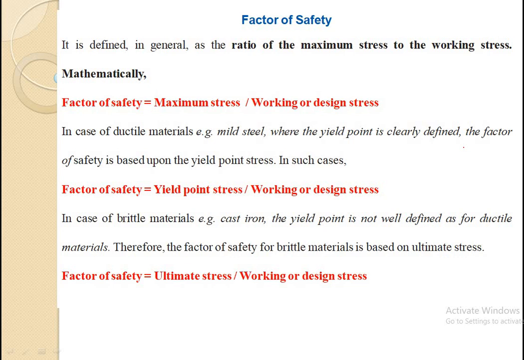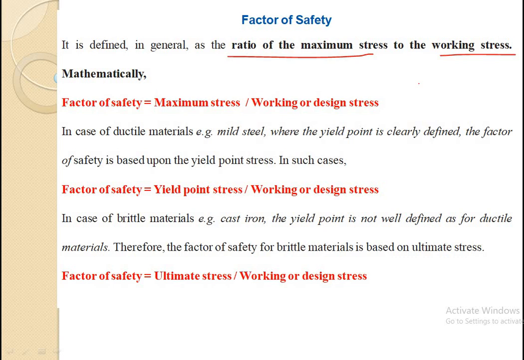So by considering these two values, we have to choose a value so that the component does not break or fail when it is subjected to any particular application. Then we consider the factor of safety. In simple language, factor of safety is defined as the ratio of maximum stress to the working stress.